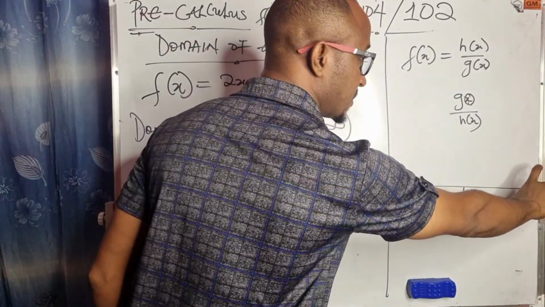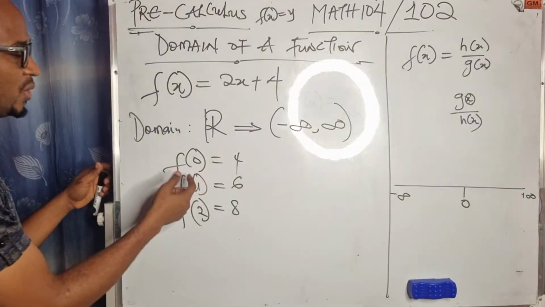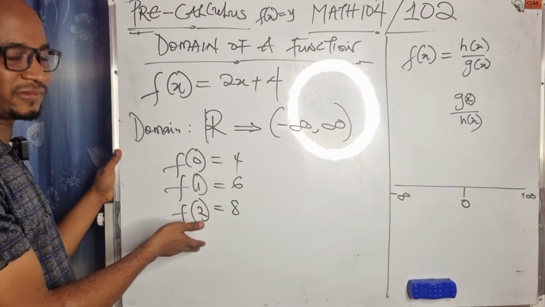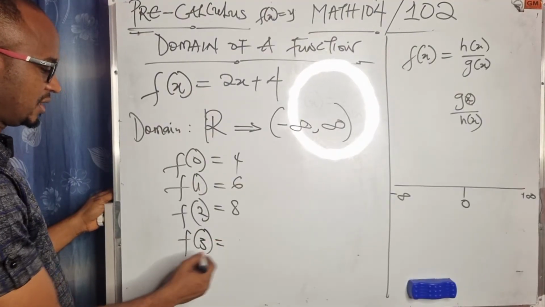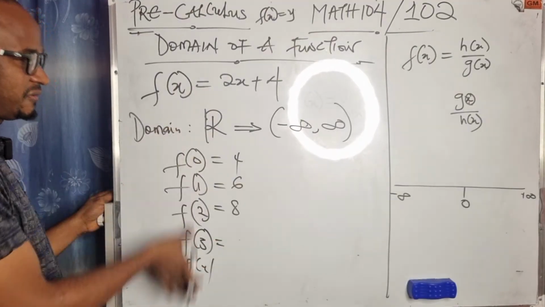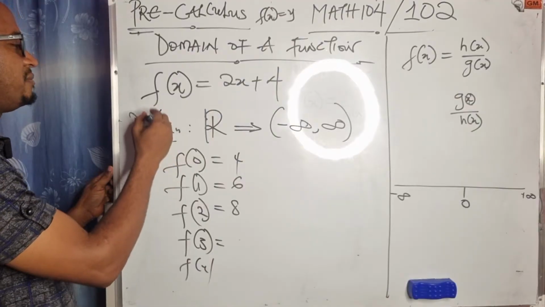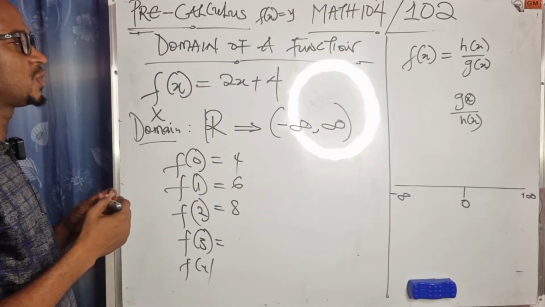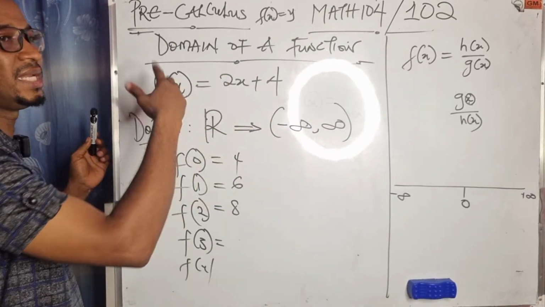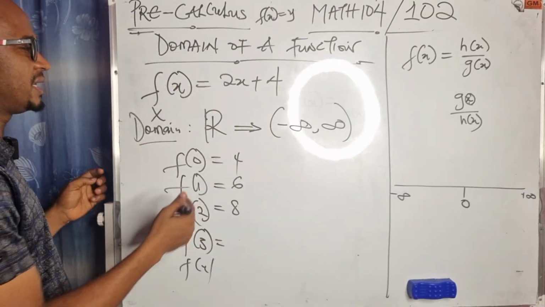So if you look at this now, I can capture all of these numbers on a number line. So it simply means that we cannot keep on putting in values of x. I can't keep on saying when f is 3, when f is 4, because I want to find the domain. Domain means x. I hope you're aware. So we cannot keep on doing this. Since we have a polynomial, which is a linear function, it simply means that the domain is simply what?